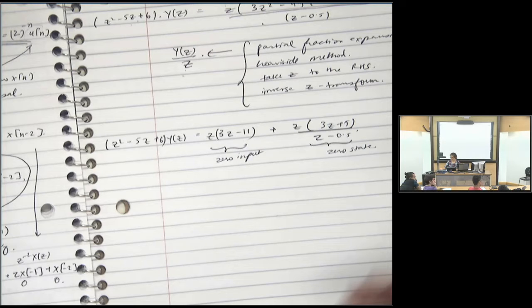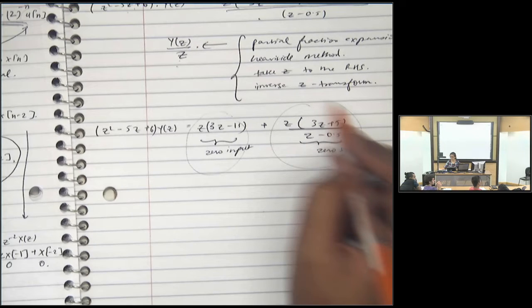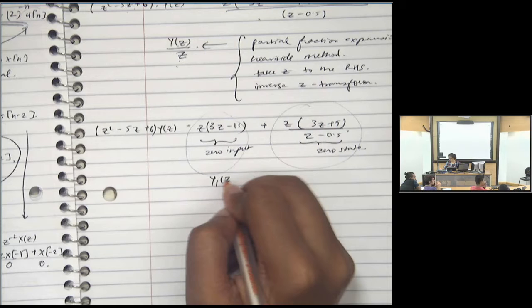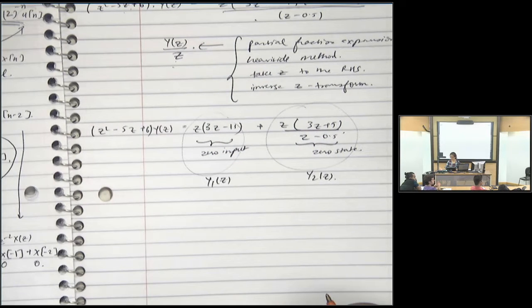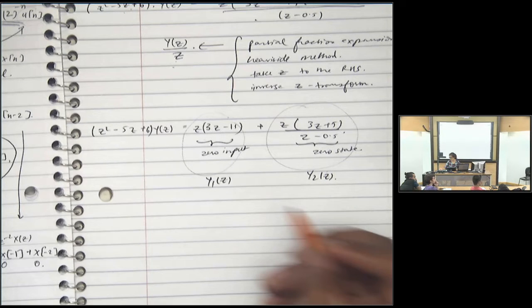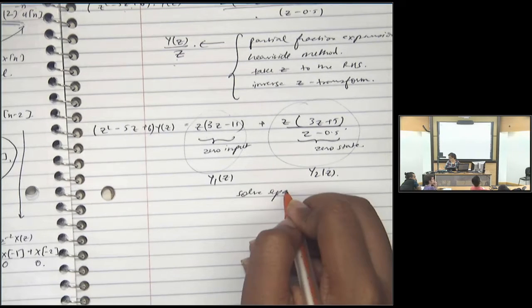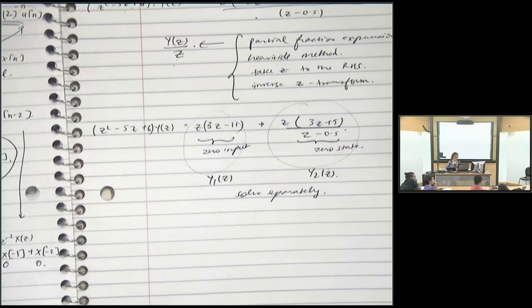Okay, and then solve these two separately. So you can call this y1 of z and y2 of z. Take the denominator down and call it y1 of z and y2 of z and solve separately. Alright?